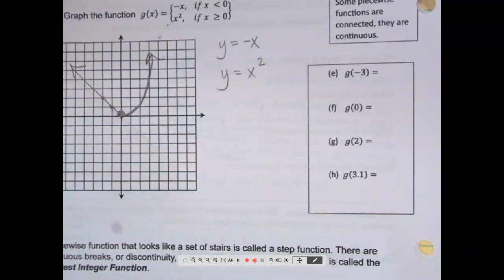Stop me if you have a question. Rearrange just for the lefties.